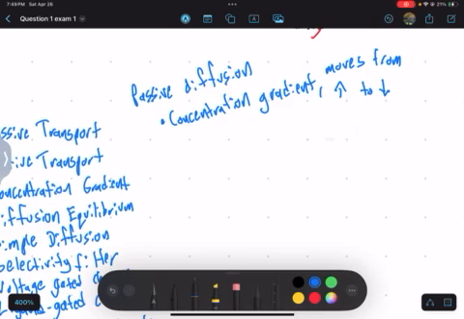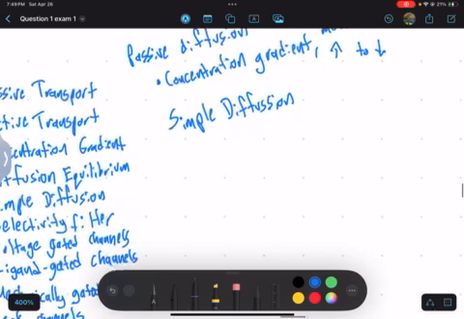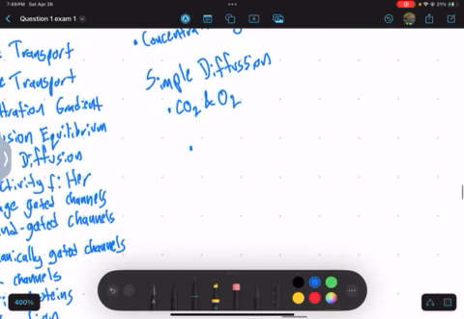Next, I'm going to talk a little bit about simple diffusion. The most common molecules for simple diffusion are carbon dioxide and oxygen. And with this, the graph that you usually see with simple diffusion is an ever-growing graph.